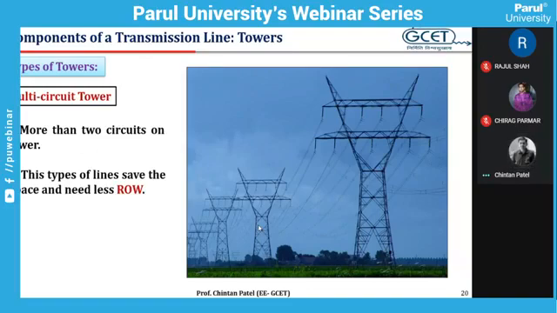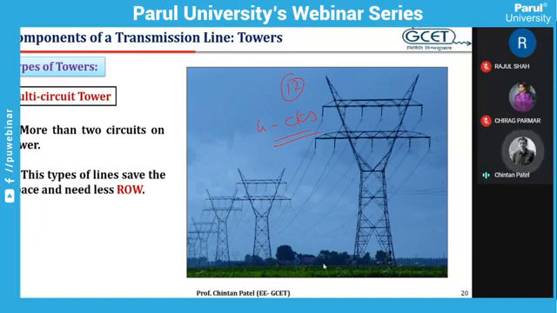The next is multi-circuit towers. Now in multi-circuit towers, the number of phases or number of transmission line conductors is more than 6. So if more than 2 circuits are used, they are known as multi-circuit towers. So you can see here there are a total of 12 conductors. 12 conductors means a total of 4 circuits in this transmission line.